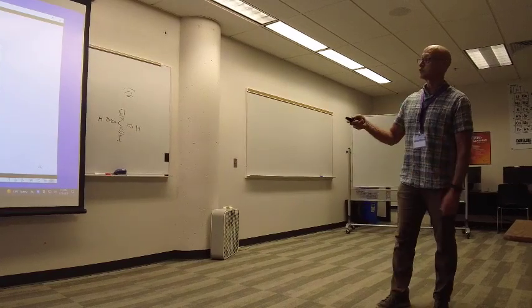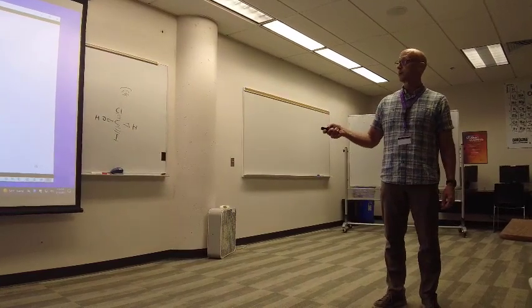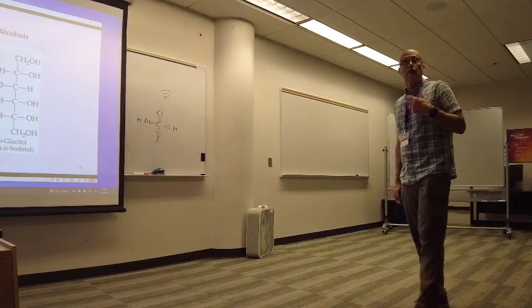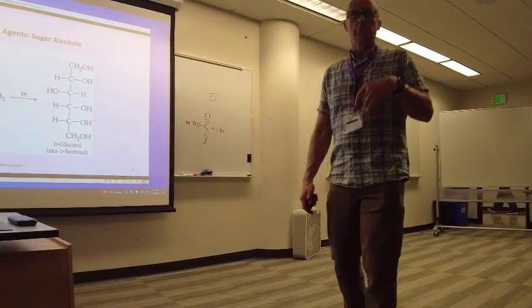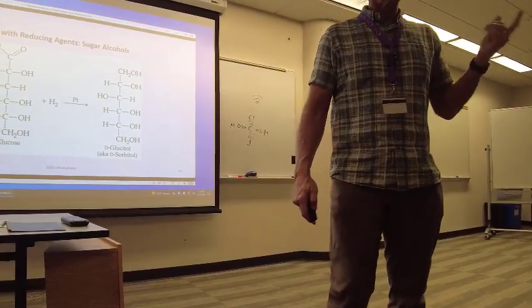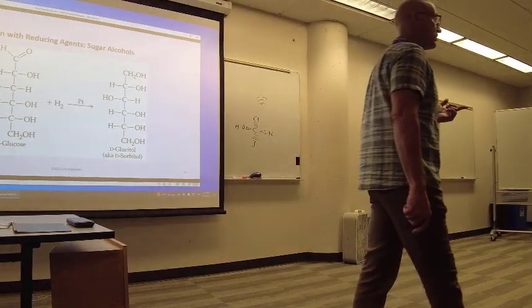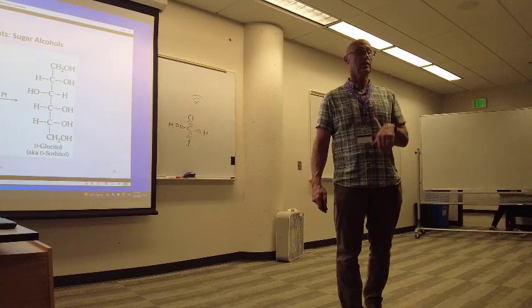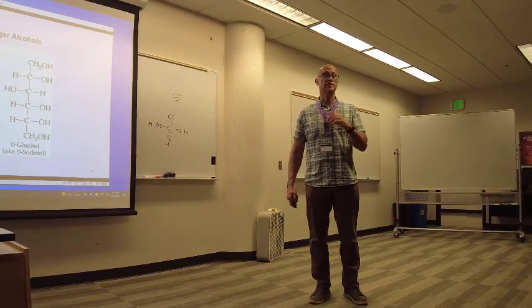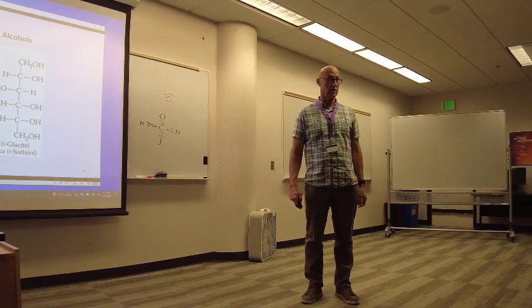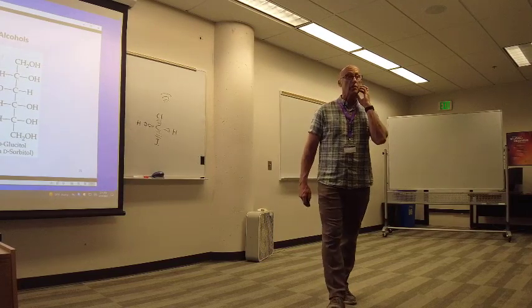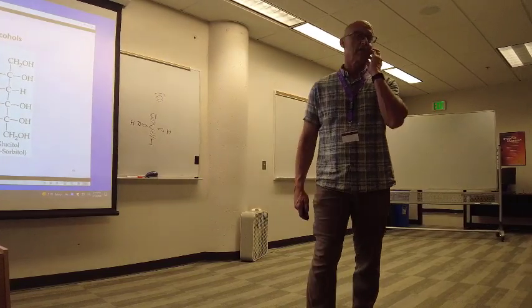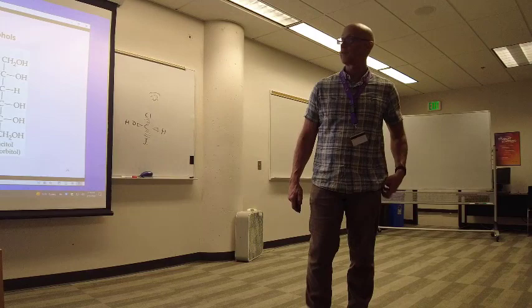Because of the difference in structure, where I don't actually have a carbonyl group, the part of my body that would be cranking that out and turning it into energy goes, I don't know what to do with this, and just sends it on by. But the taste buds still receive it as a sugar. And the stuff in your mouth that breaks down sugars also doesn't work on it. So it's perfect.